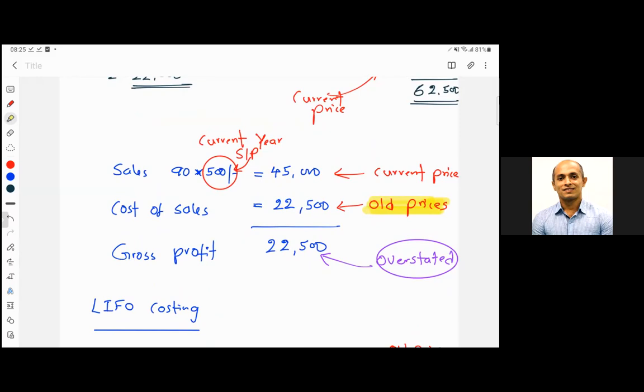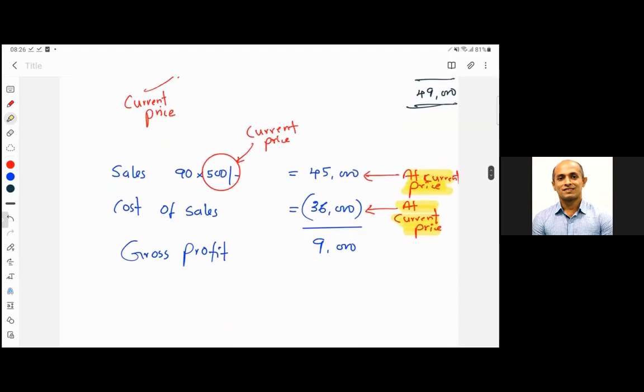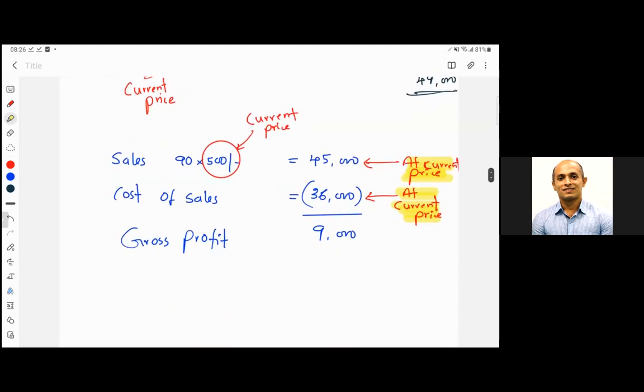So the lower cost of sales you deducted from sales, the more your gross profit will be overstated. But in LIFO costing, you compare sales at current price with cost of sales at current price.